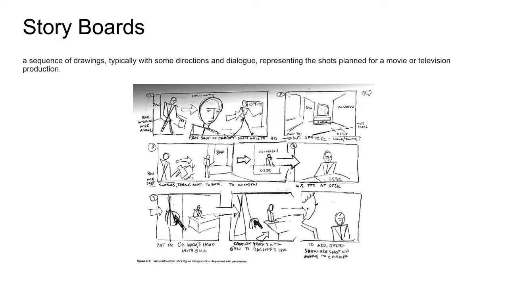In the case of a film, you'll have people do storyboards so that you know what shots are happening, in what order, and how that is going to go down. You know where the angles are, etc.